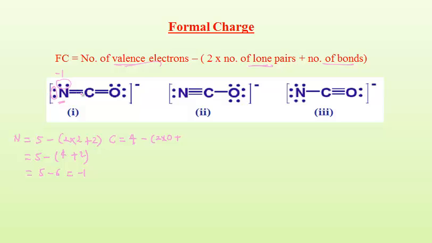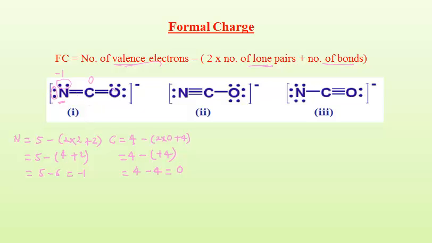It is forming 4 chemical bonds. So 1, 2, 3, 4. I mention here 4. Well, we can do the calculation. 4 minus 2 multiplied by 0 is equal to 0. Here we get plus 4. Here we have 4 minus 4, and both will cancel out. We will get 0. Well, the formal charge over this carbon atom is 0.